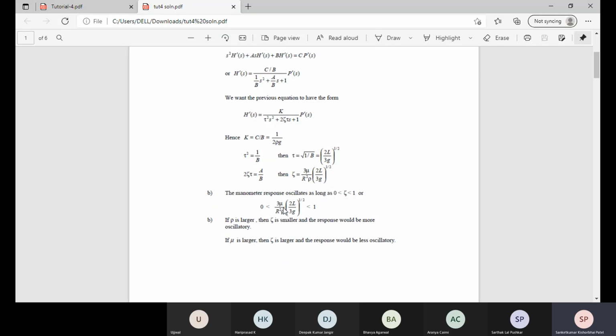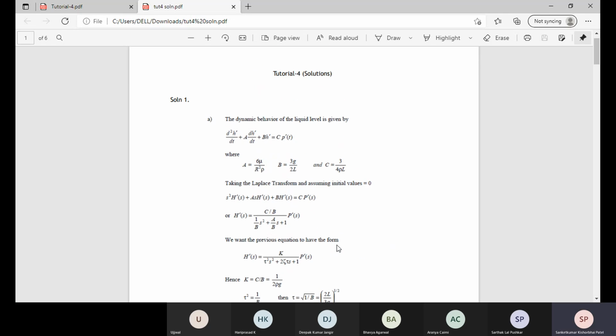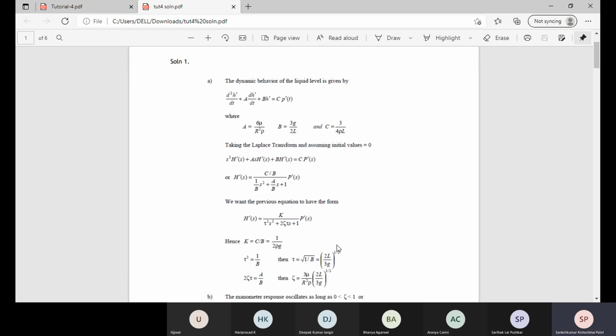From this we can see that on increasing density, zeta will be smaller and the response will be more oscillatory. And mu is directly proportional to zeta, so on increasing mu, zeta will be larger and the response will be less oscillatory. Does anyone have a doubt?